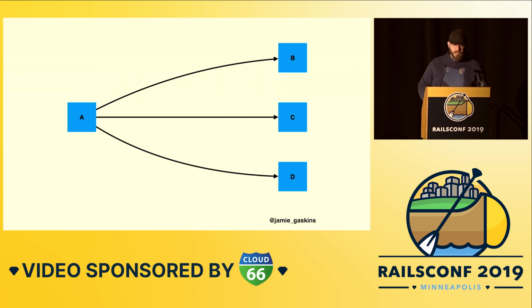If service A performs an action and B, C, and D need to know about it, is it A's responsibility to reach out to B, C, and D, or is it B, C, and D's responsibility to figure out through some other method that it happened?